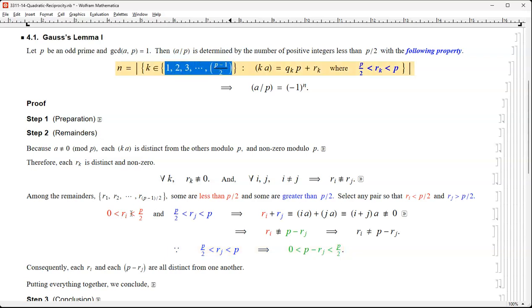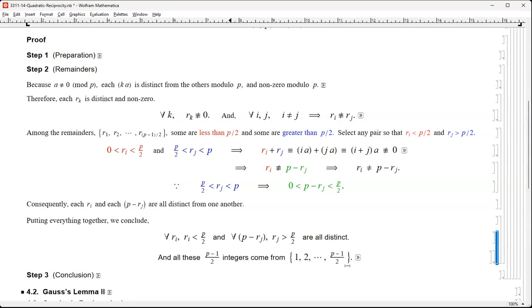They're all greater than 0 and less than p over 2. They're all coming from here. How many are there? Total, (p minus 1) over 2 different integers. And then how many R_i's and how many p minus R_j's? The same. They all came from these k's, so they're total (p minus 1) over 2. And then they're all distinct, which means those k's just permute these.